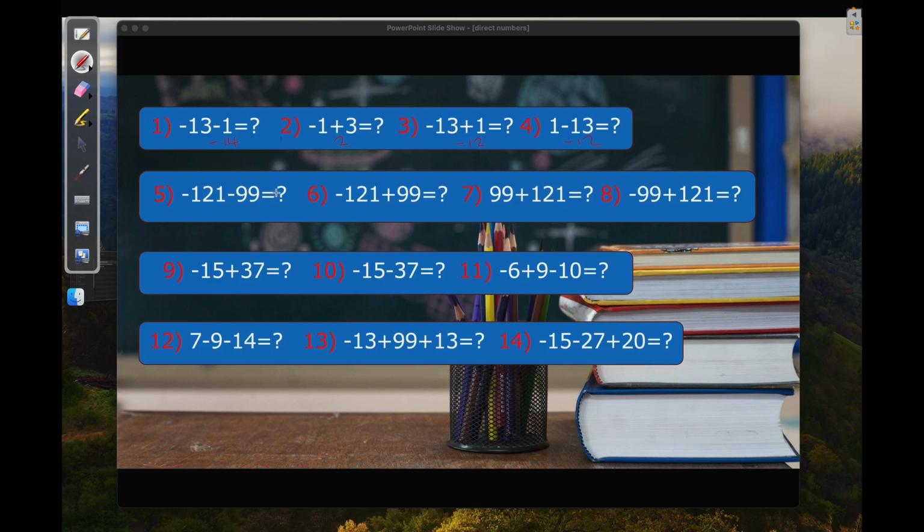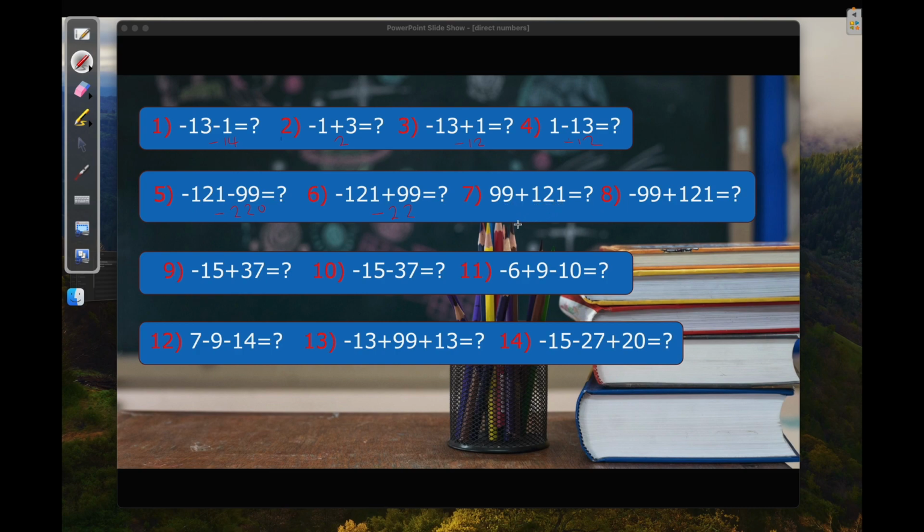And we go to number 5, minus 121 minus 1 minus 99, this is minus 220. And then we have minus 121 minus 99, then we have minus 222.